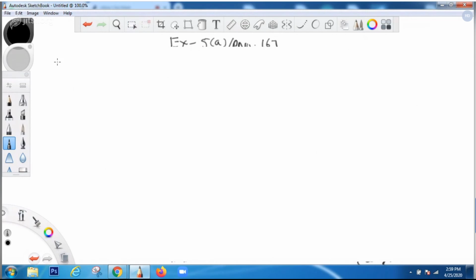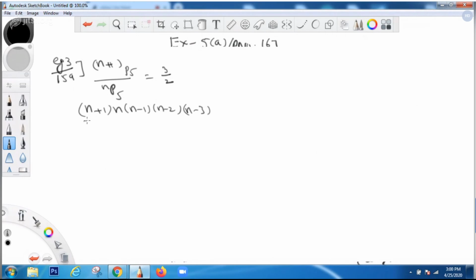Now, this is example 3 of page 159. n plus 1 P5 divided by n P5 is equal to 3 by 2. n plus 1 P5 means (n plus 1) into n into (n minus 1) into (n minus 2) into (n minus 3), 5 factors, divided by n P5, n into (n minus 1) into (n minus 2) into (n minus 3) into (n minus 4), is equal to 3 by 2.